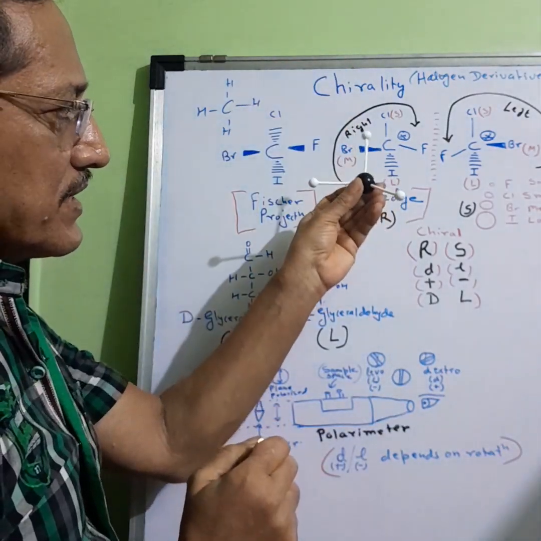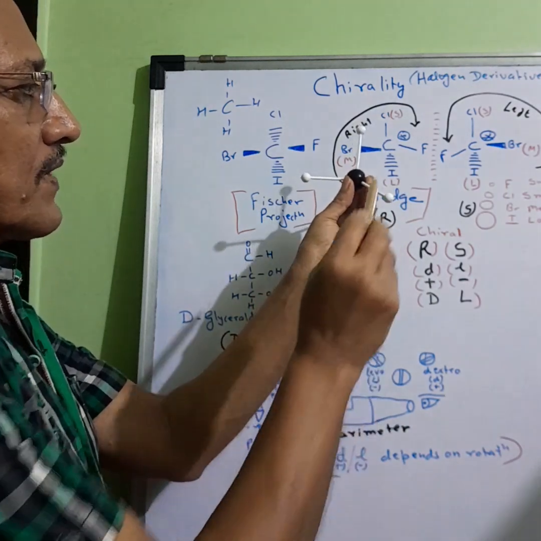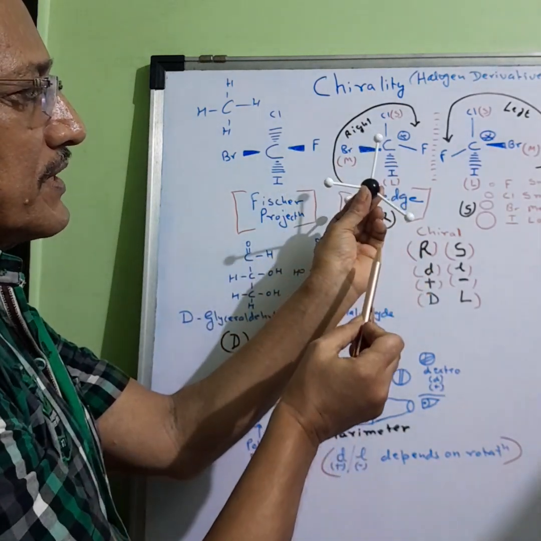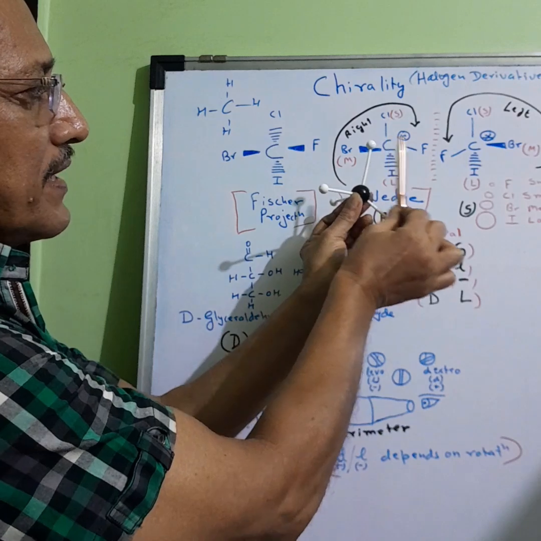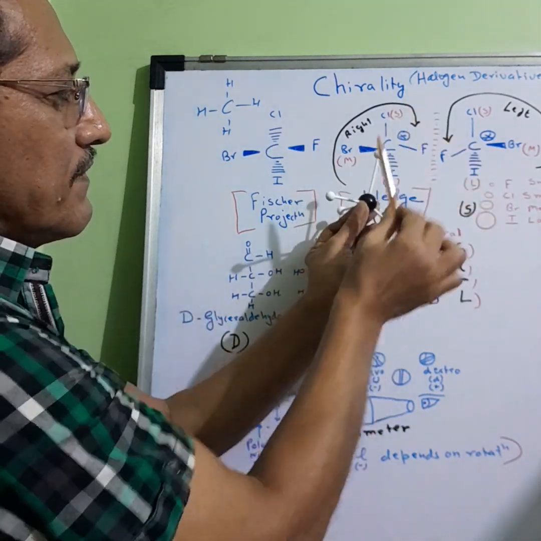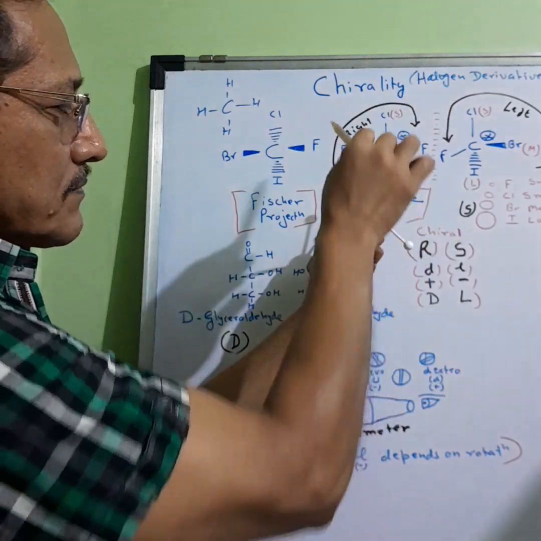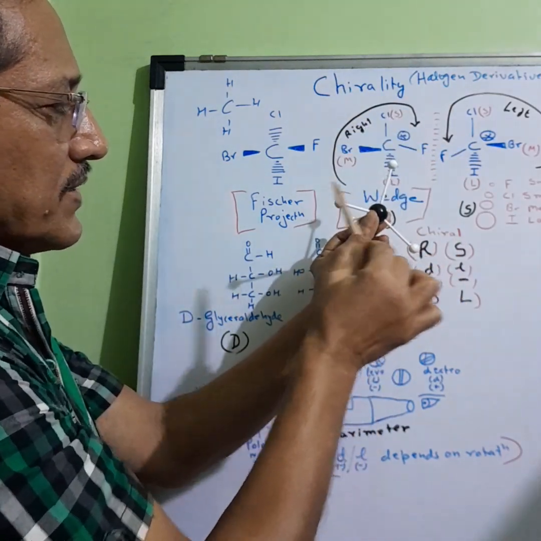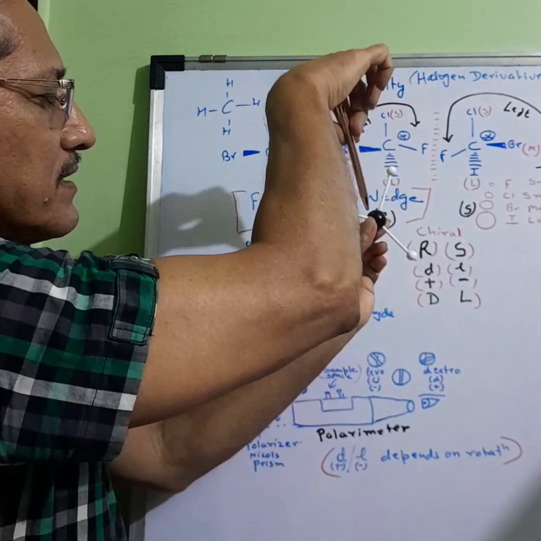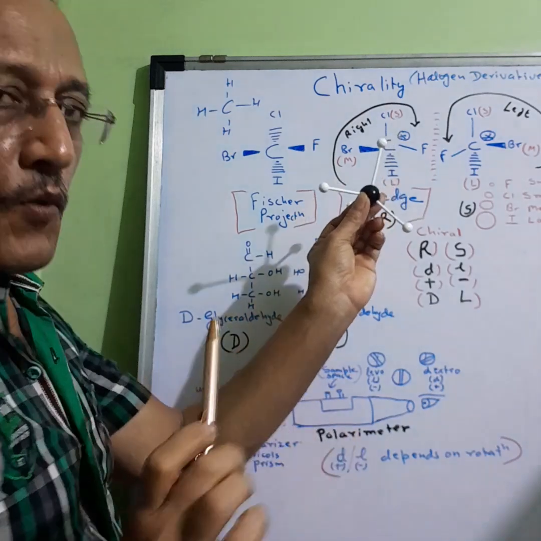So if I hold it this way, Cl and F are in the plane, Br is above the plane, and I is below the plane. I hope Wedge is clear.